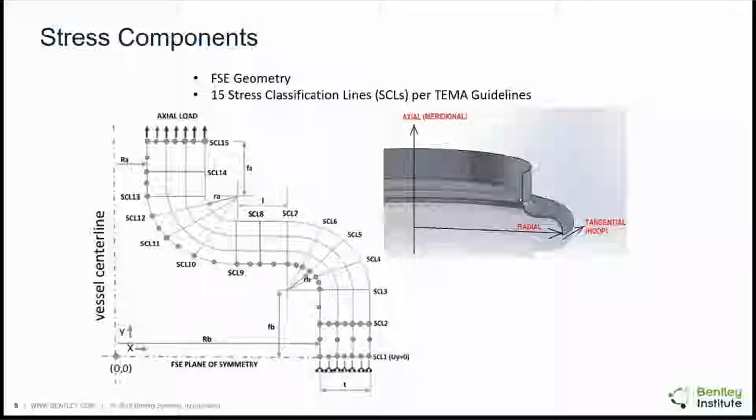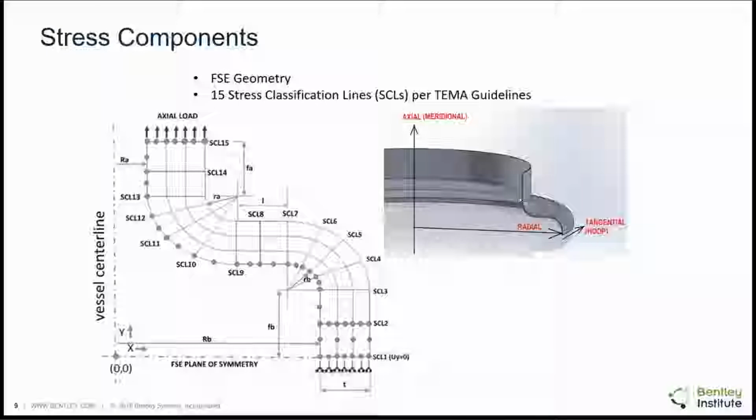Then the annular plate has SCL7, SCL8, and SCL9. Each one of the torus knuckles has 3 stress classification lines: 4, 5, 6, and 10, 11, and 12. So if you find the stresses at these 15 locations, you pretty much get a very accurate and good sense of the stresses due to the loading.